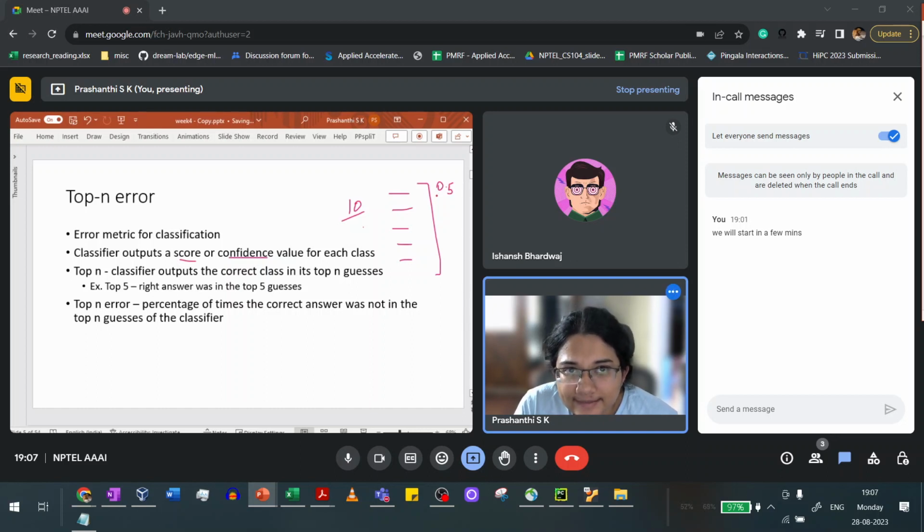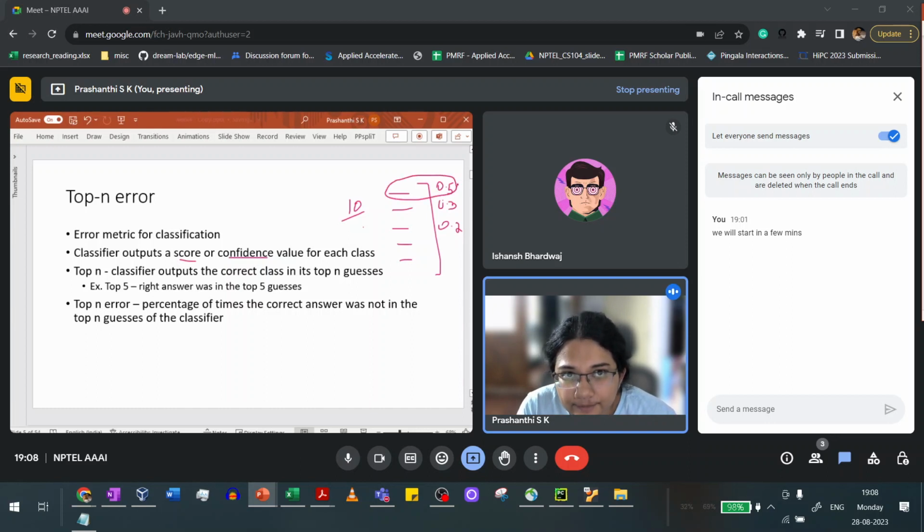For instance, let's say it thinks with 50% confidence, or 0.5 confidence value, that it's a cat, and then it might think with 30% confidence that it's a dog, and 20% confidence that it's something else. And maybe this is 0.19 and there are a bunch of 0.05, 0.01 and so on. Now one way to see if you got the right answer is to take the class which had the highest probability.